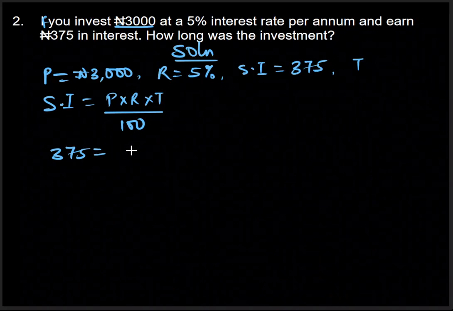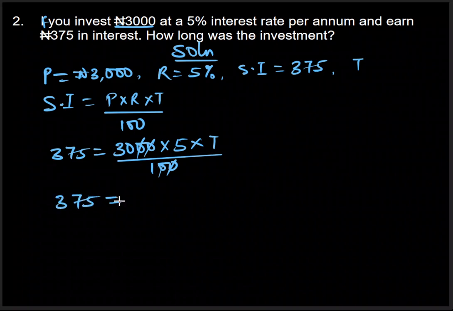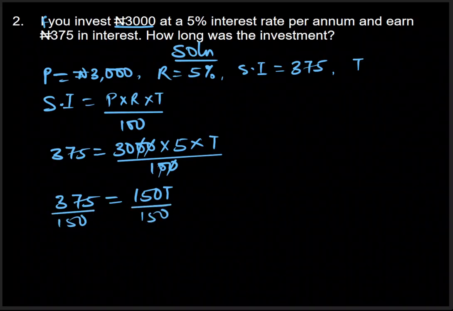Our principal is 3,000 times rate is 5 times time is T all over 100. So we have 375 equal to 30 times 5, which will give us 150T. So divide by 150 all over 150.